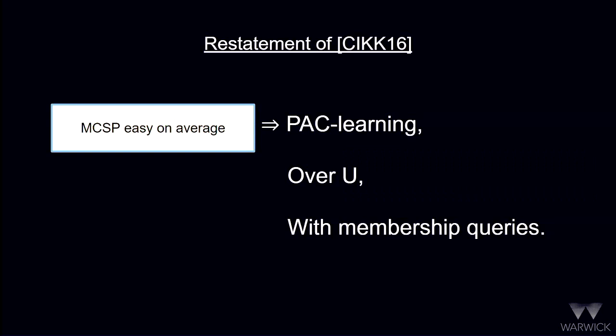Here, I'm not telling you anything new. I'm just remarking that the definition of a natural property is equivalent to average case easiness of the minimum circuit size problem. We've already heard about this problem. It's the problem of deciding, given a string, whether it's the truth table of a small circuit.